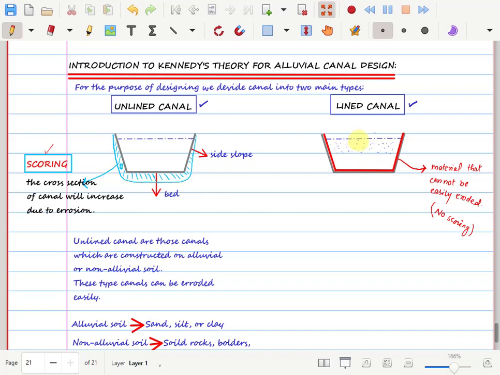So when water flows with less velocity, if the velocity is low, what is going to happen? Then in that case, these particles will settle down, right? Settle down at the bottom of the canal.